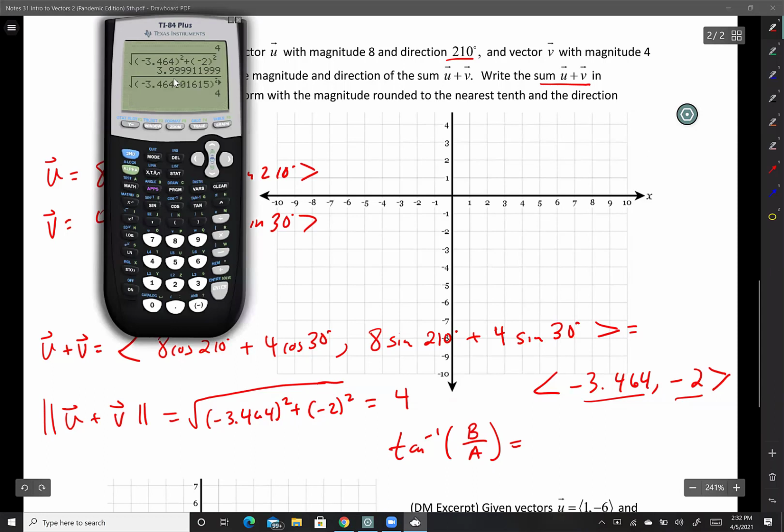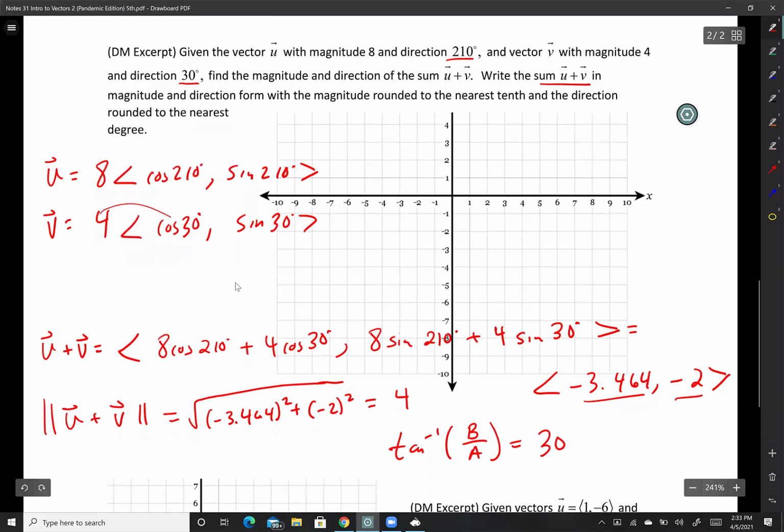Arctan, alpha B divided by alpha A. Enter. And there it is. I get 30 degrees. Of course, we're not in quadrant 1, guys. So just add 180 to it, because we know that we're in quadrant 3. So 210. That should not surprise you guys. 30 degrees plus 180, 210.